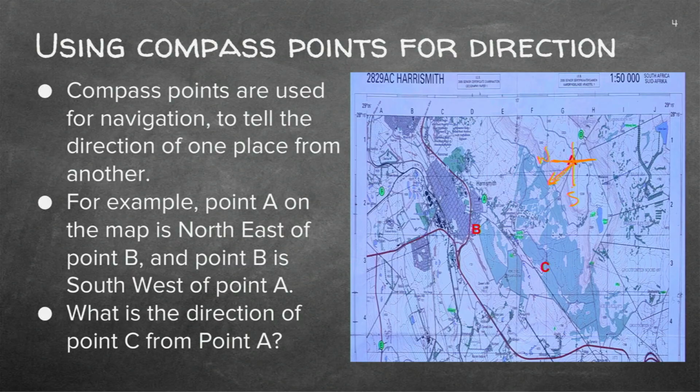So what is the direction of B from A? Of course, it is southwest. So point B is southwest of point A.